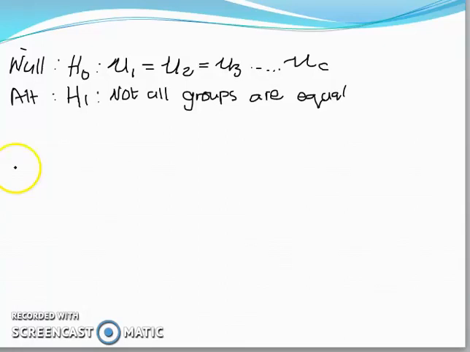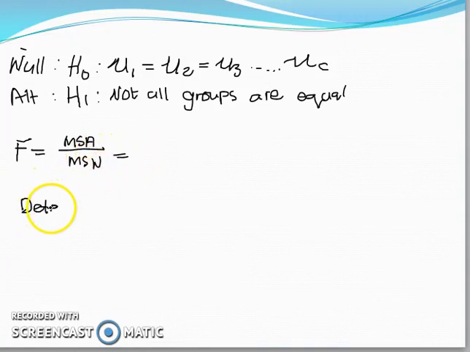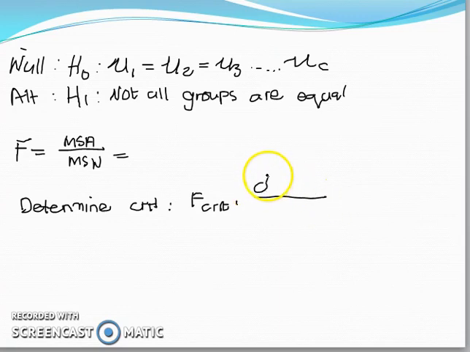After we've stated the null hypothesis, we calculate the test statistic, and then we determine the critical value. To determine the F critical value, we're going to use the degrees of freedom.